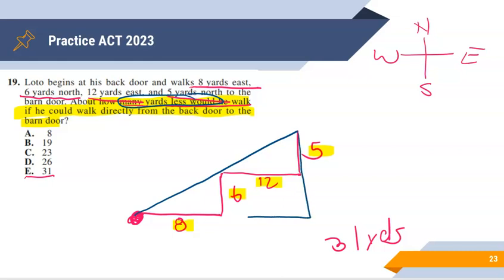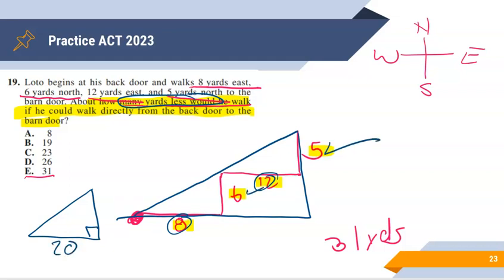Well, I happen to see a right triangle here, and if I add up these two numbers, I've got my right triangle where those two bottom numbers would add up to be 20. And then the height are 5 and 6, which are 11. And we're trying to figure out that missing side. So I think we've got a little Pythagorean theorem going on here.